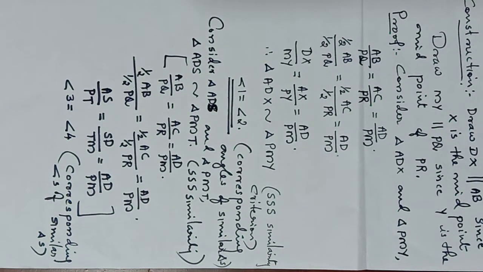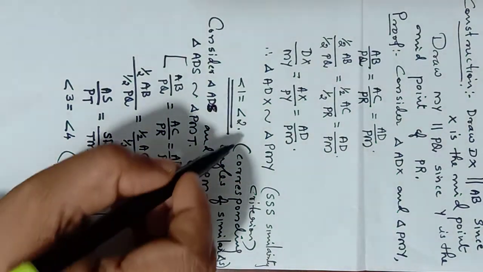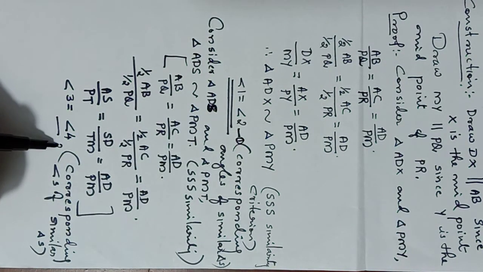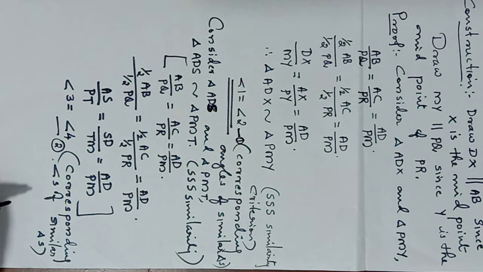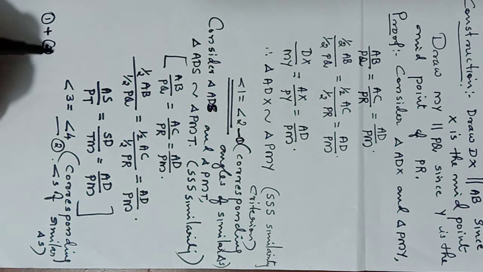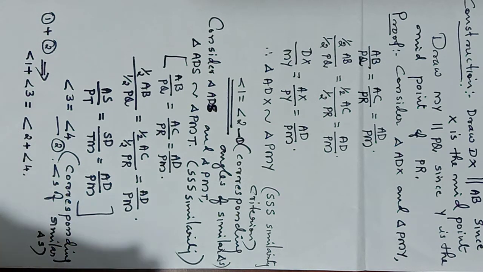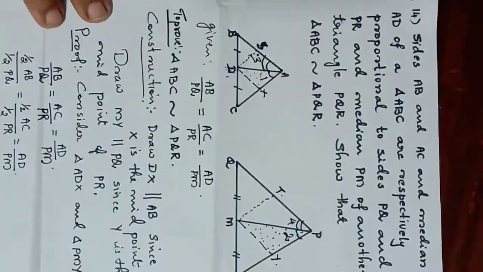Then what we'll do, first one, let us have 1 equal to 2, second one 3 is equal to 4. We are going to add equation 1 and 2. 1 plus 2 implies angle 1 plus angle 3 is equal to angle 2 plus angle 4. Here in the figure you can see what are angle 1 plus 3 and 2 plus 4.